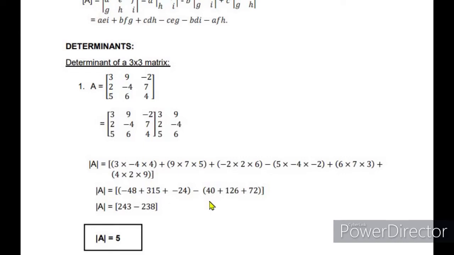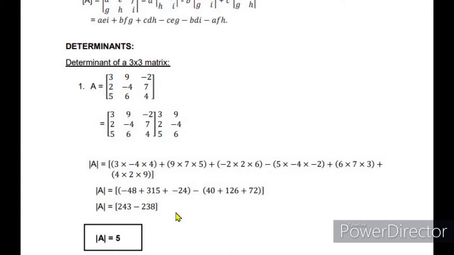That is why it is positive 40 here. Next is 6 multiplied by 7, which is 42. Multiplied by 3 is 126. Next, 4 multiplied by 2 is 8. Multiplied by 9 is 72. That's why you have your computation here of the determinant.